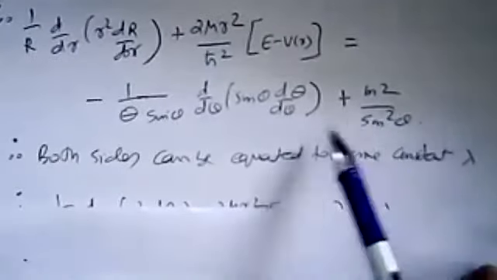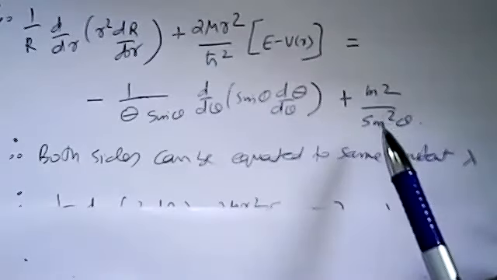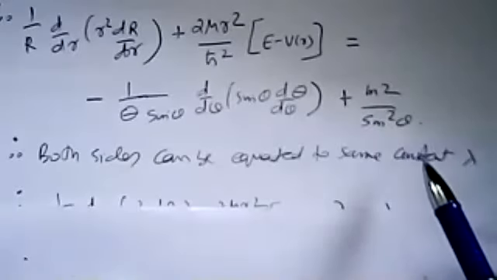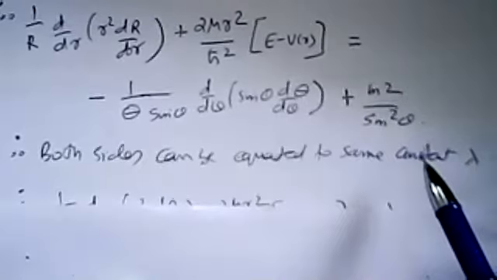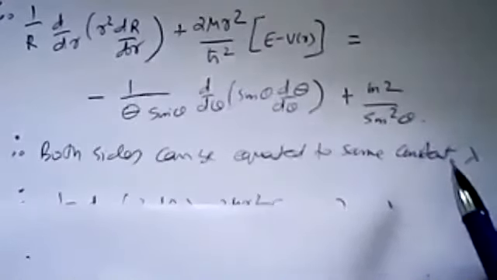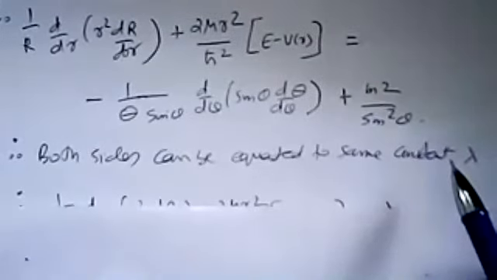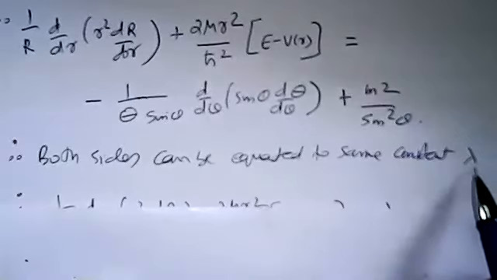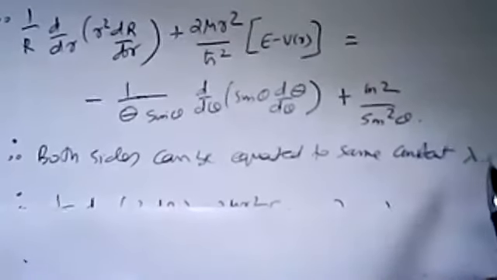And when you solve the theta term, the allowed values of lambda become L into L plus 1. We are not doing that here, since you did it during your BSc level. This lambda you can write as L into L plus 1.